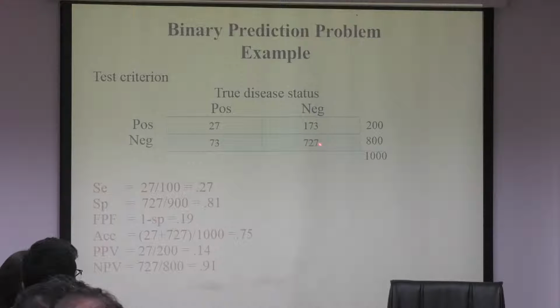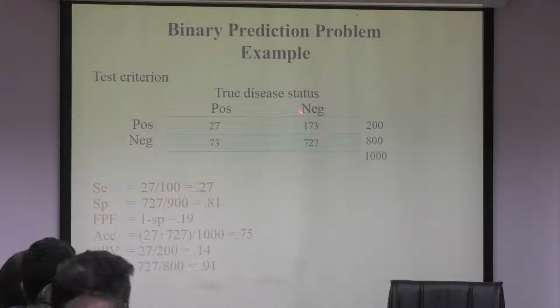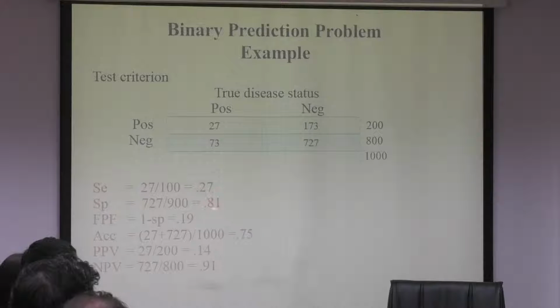Specificity is 727 divided by 900, right? What's this? False positive, right? Or 1 minus specificity, look at this, what would it be? 173 divided by 900, or 1 minus 0.81. So it's 0.19.